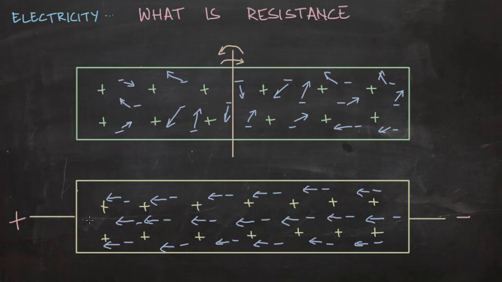So these collisions that take place with these positive ions and with the other electrons themselves are nothing but the obstruction to the flow of these electrons. So this is the concept of resistance. That is, resistance is nothing but the obstruction to the flow of these electrons when they want to start moving in one direction.